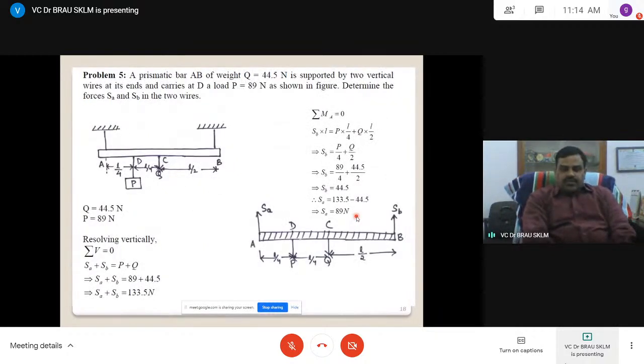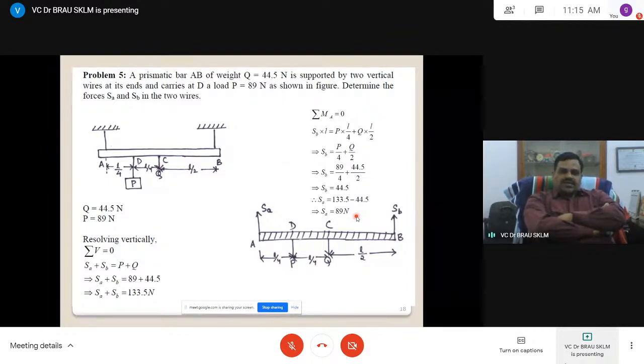Now down to another problem. A prismatic bar AB of weight Q is supported by two vertical wires at the ends and carries at D a load P equal to 18.9 newtons, as shown in the figure.